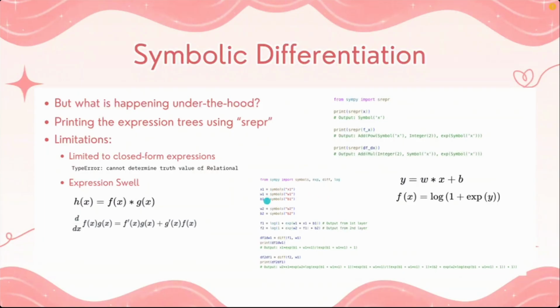This was x1, w1, b1, three variables. Then you define w2, b2. Function one is just log of 1 plus exponential of w1 times x1 plus b1. And then, let's say, the output of the first neuron is your f1.